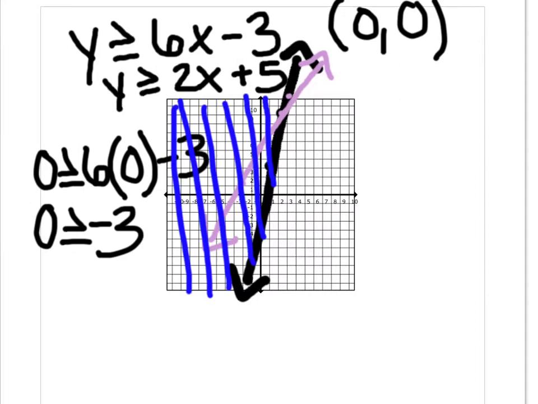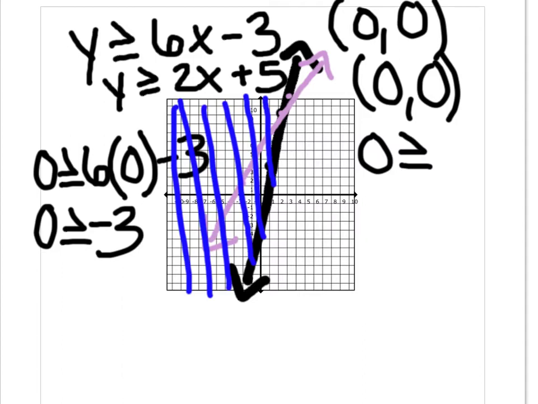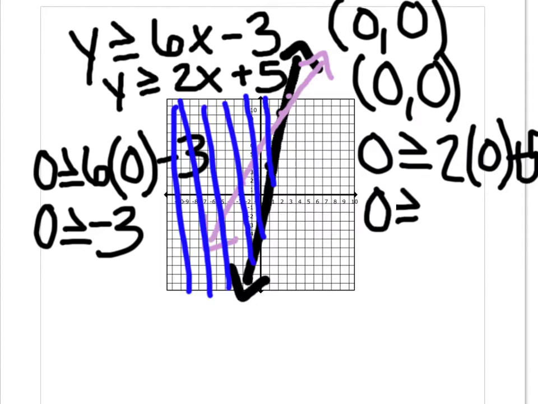The second line, we could also use 0, 0. So we have 0 is greater than or equal to 2 times 0 plus 5. So we would have 0 is greater than or equal to 5, which is not true.